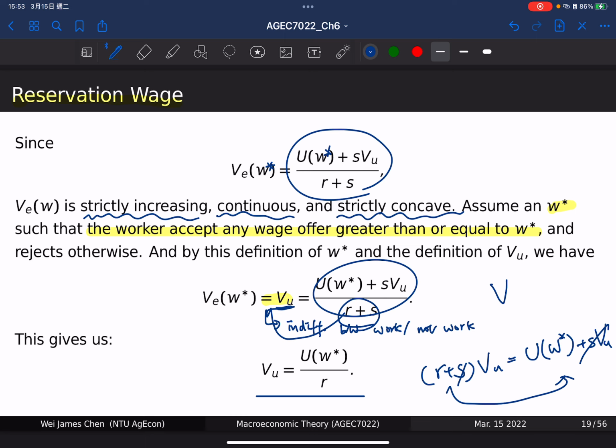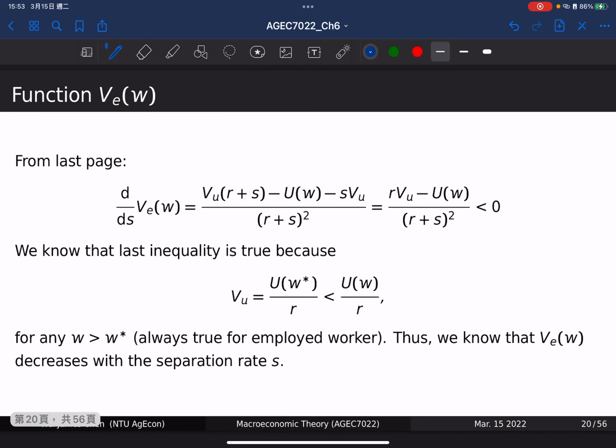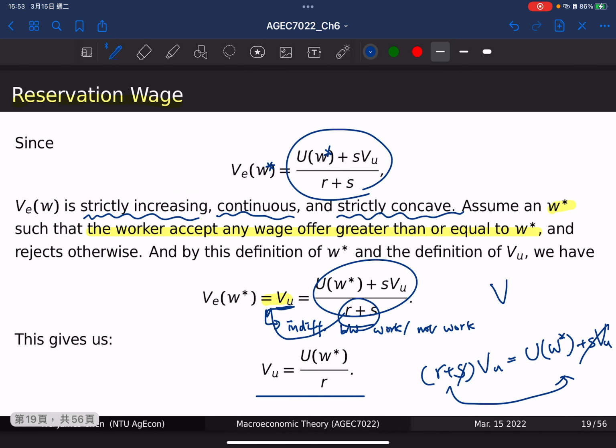It depends on the reservation wage. But if that reservation wage is fixed, then it is fixed. So far, okay?